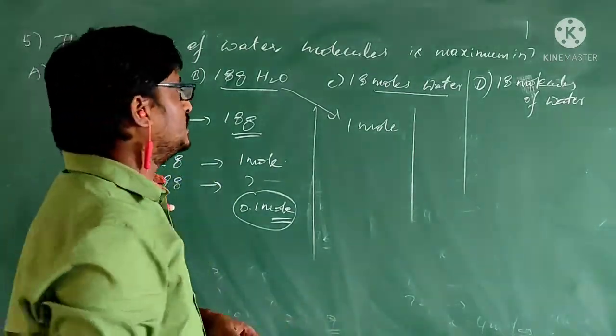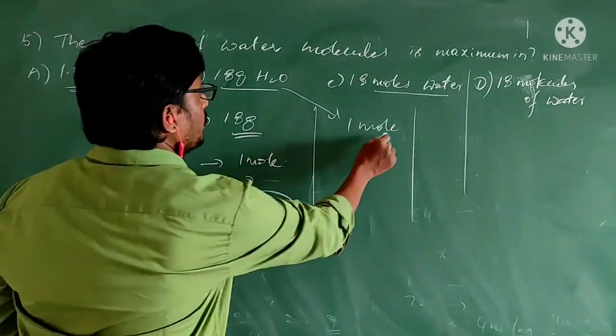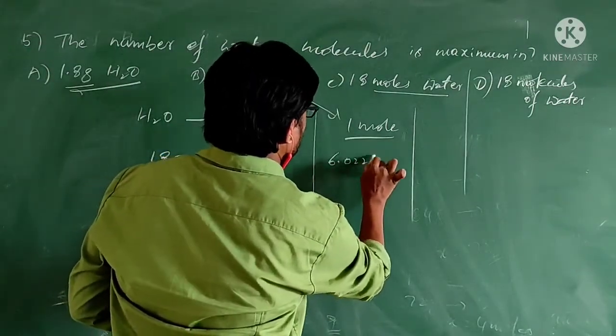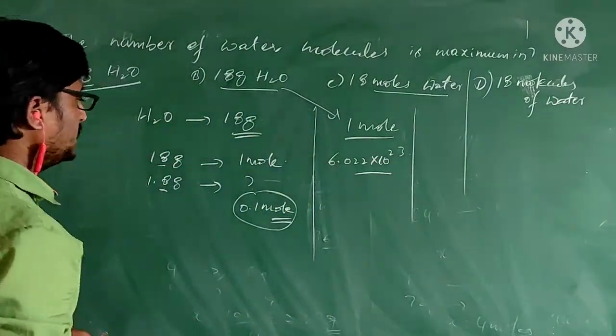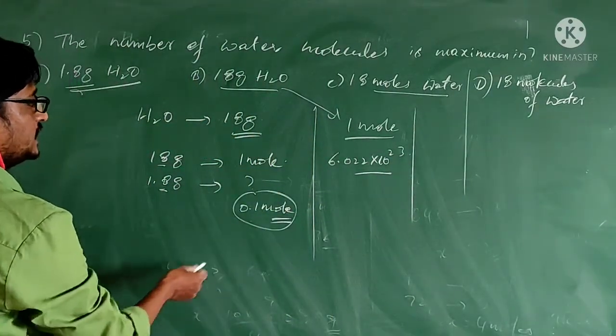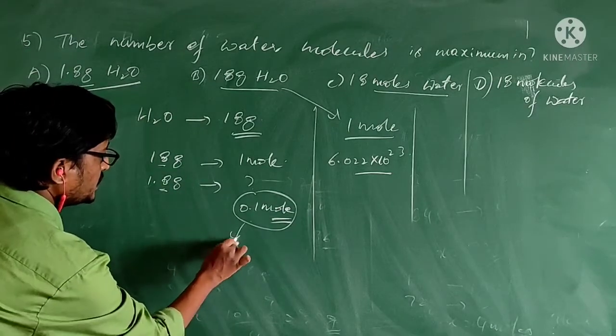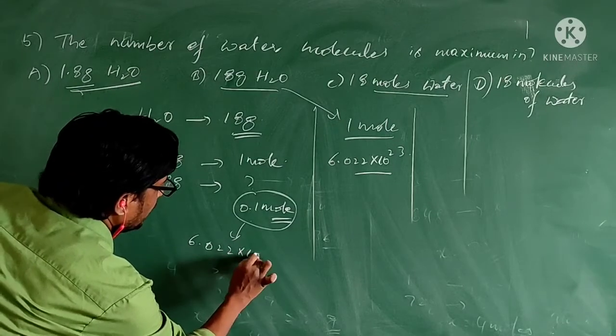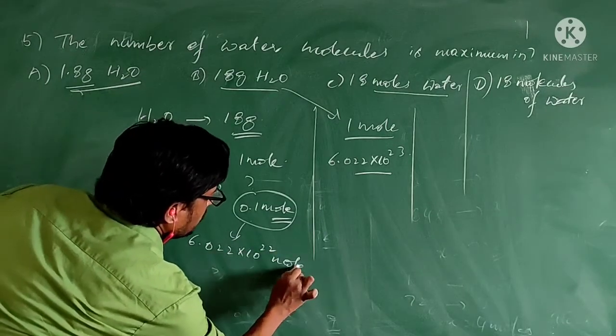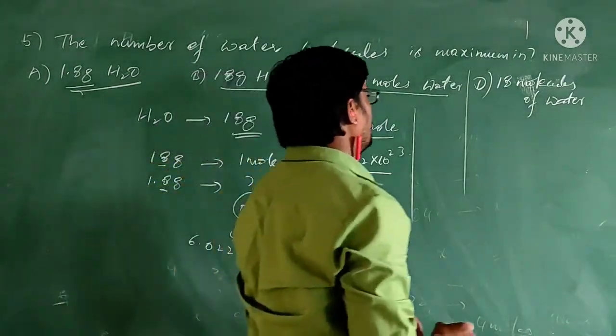Avogadro number of particles. This 1 mole represents 6.022 into 10 to the power 23 molecules of water. 0.1 mole means it is 1/10 of 1 mole. Nothing but this 0.1 mole represents 6.022 into 10 to the power 22 molecules of H2O.